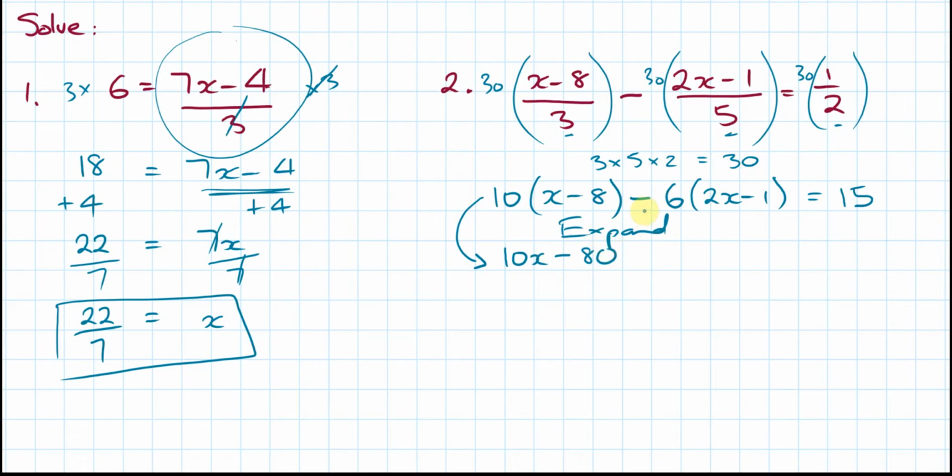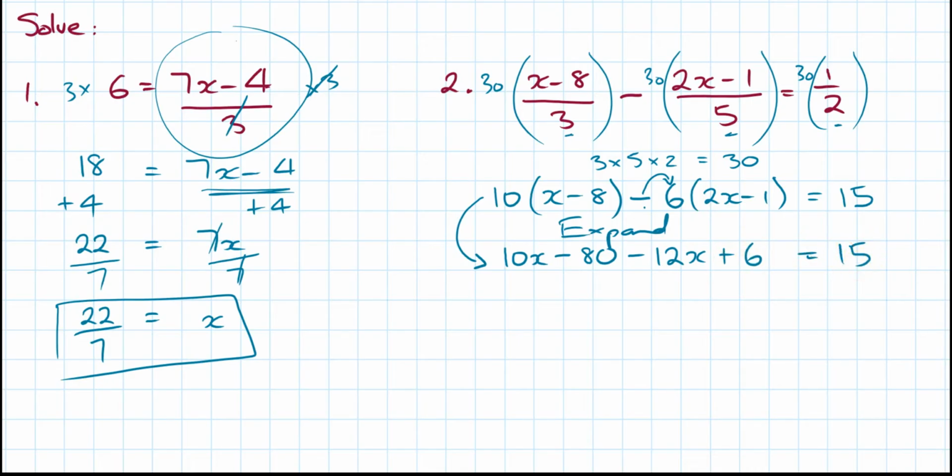Then that minus sign belongs to that 6. So we could in a sense say that this is negative 6 times 2x, which will give me minus 12x. And then this is negative 6 times negative 1. So that becomes plus 6 there.